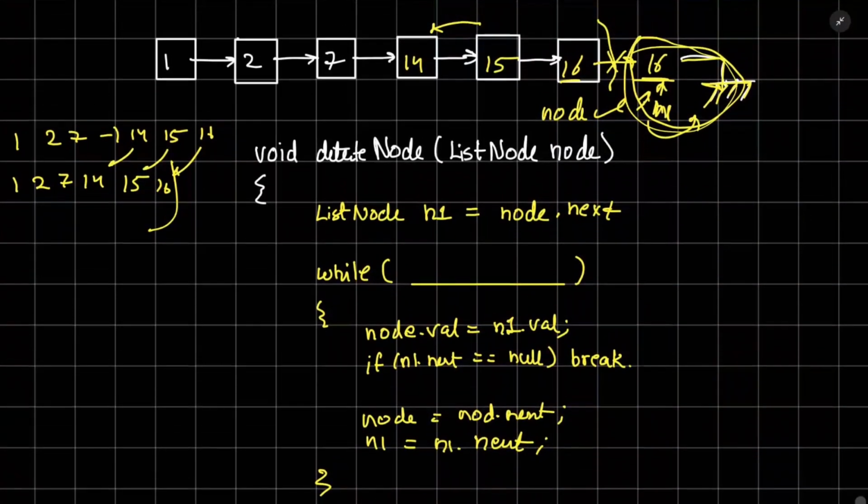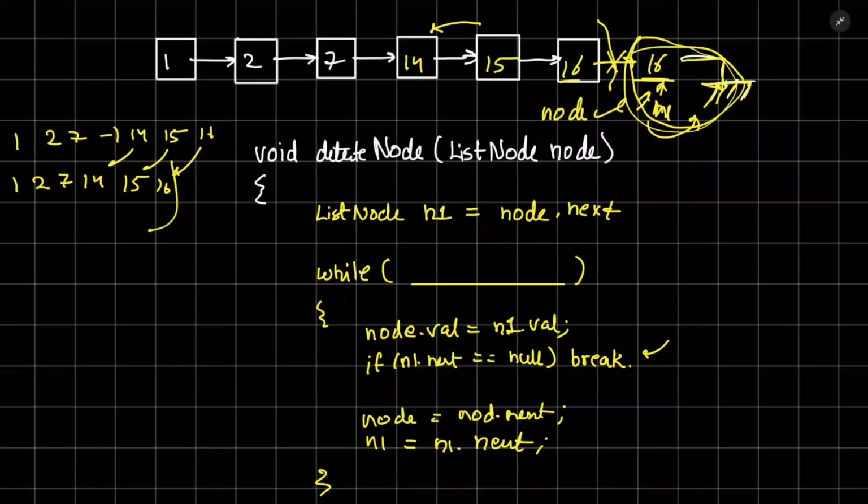And now let's look at the condition. Till when did we move ahead? We moved ahead till our n1 dot next was not null. Okay, so now you have set this condition here that n1 dot next is not equal to null.